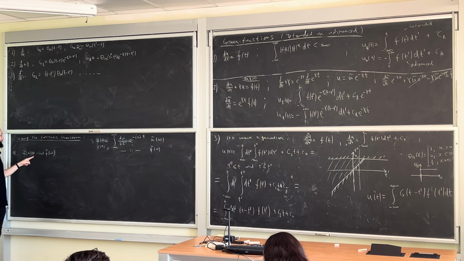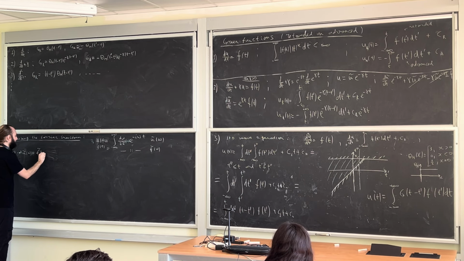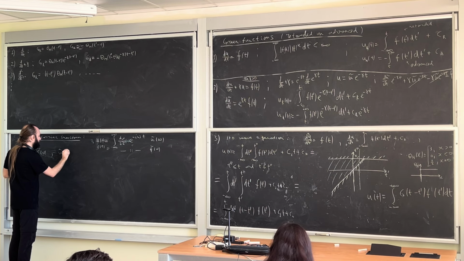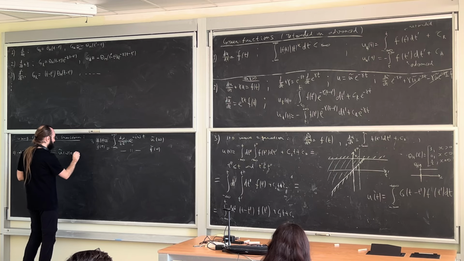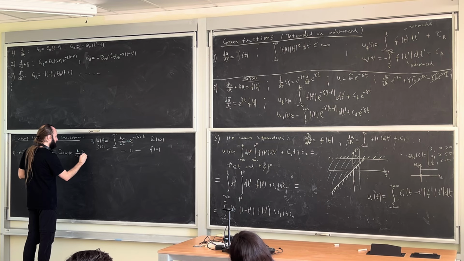Sorry, minus i omega times v tilde of omega equals f tilde of omega. So v tilde of omega equals 1 over minus i omega times f tilde of omega.